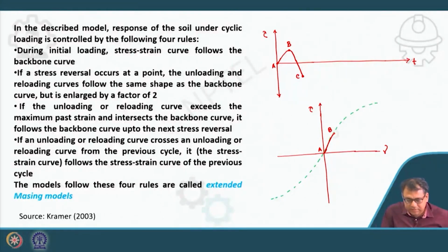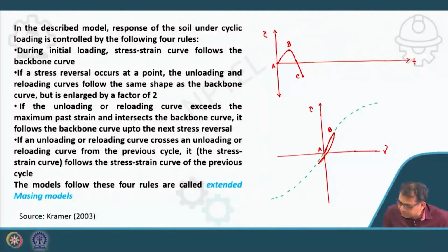So the unloading and reloading curve follow the same shape as the backbone curve, and if the unloading and reloading curve exceed the maximum past strain and intersect the backbone curve, it follows the backbone curve.